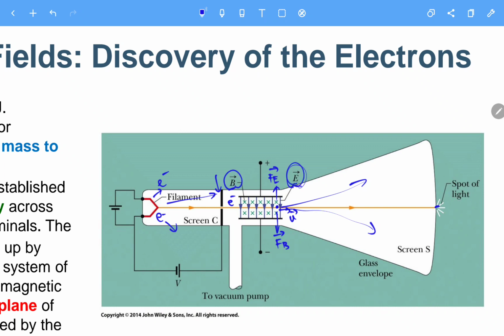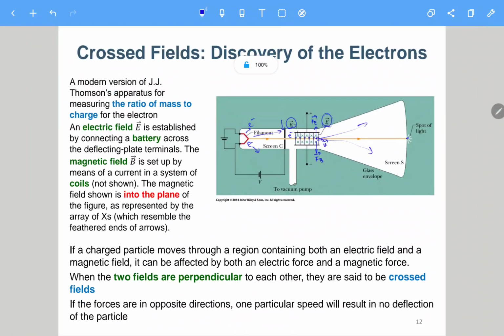And then this ratio will be related to the mass and also the charge amount of the electron. If we have FE the same as FB, then FE will be qE, which equals qVB. Of course it is negative e, but here we only consider the magnitude.